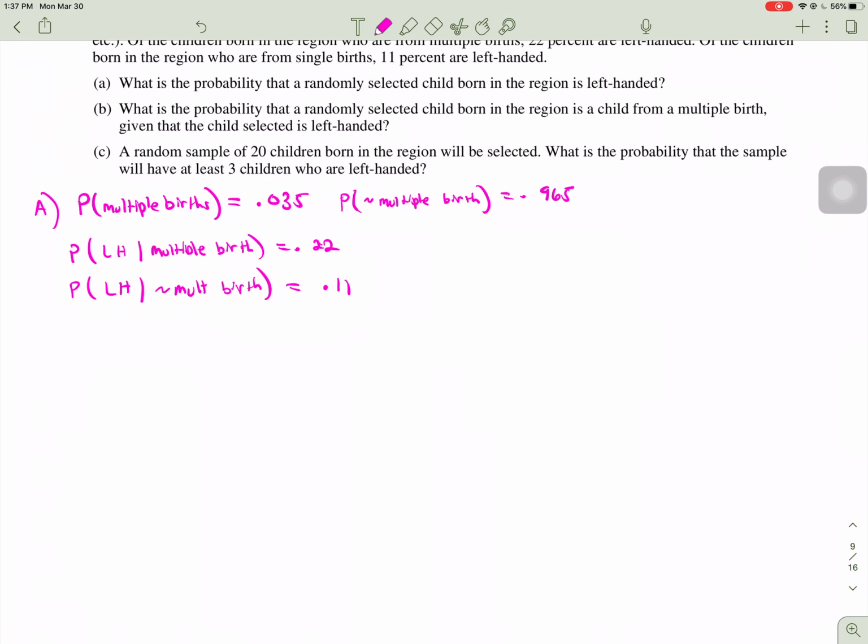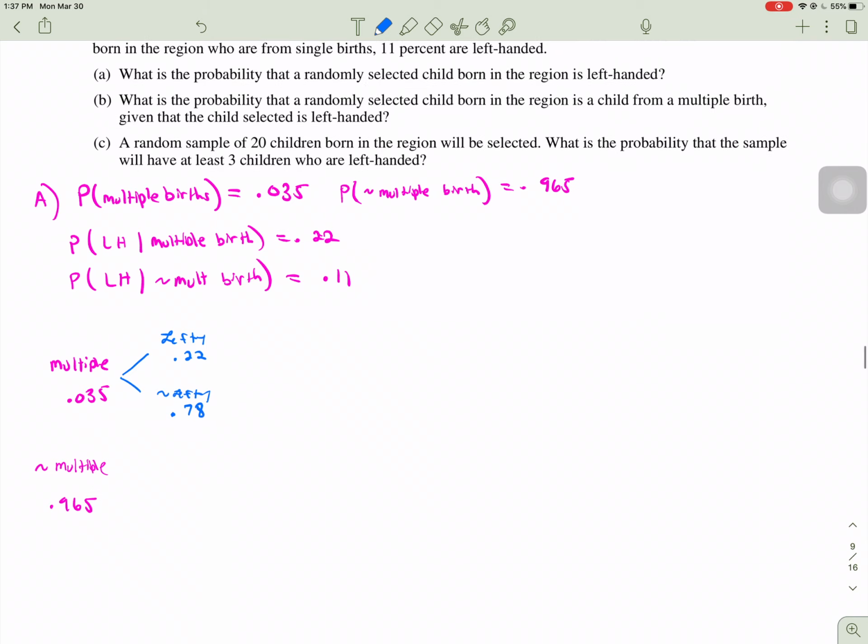So now I'm going to make myself a little diagram here. The probability of being multiple, 0.035. And the probability of not multiple, or single birth, 0.965. And if you're from a multiple birth, you're going to be lefty with probability 0.22, which means not lefty or righty, 0.78.